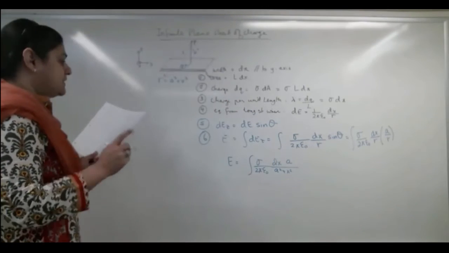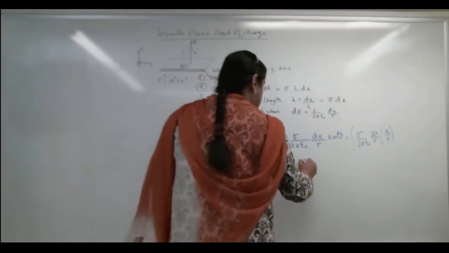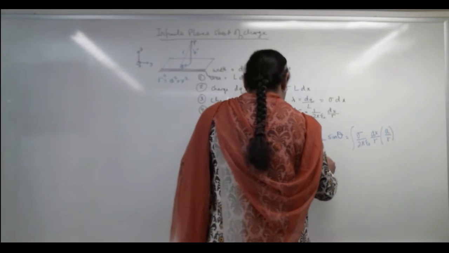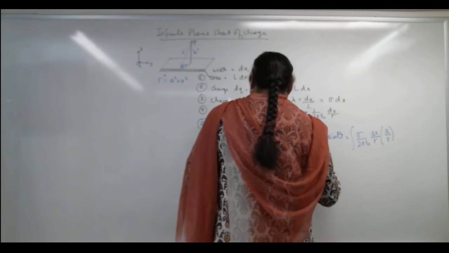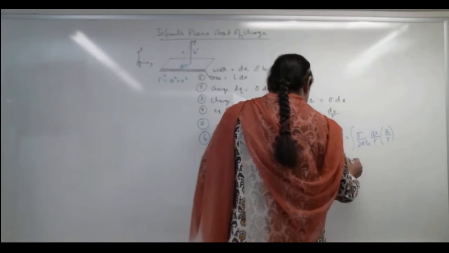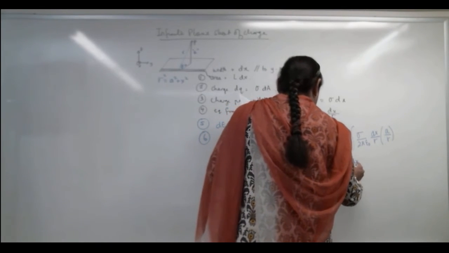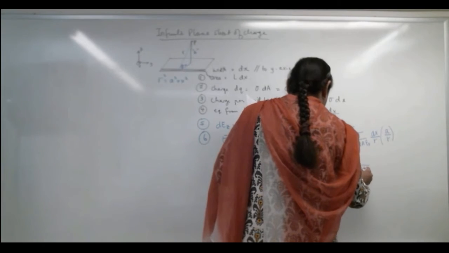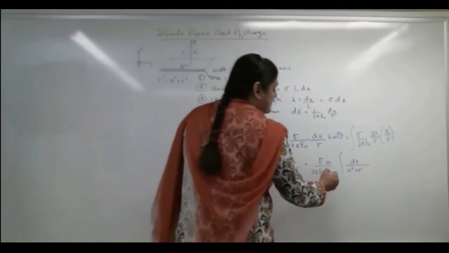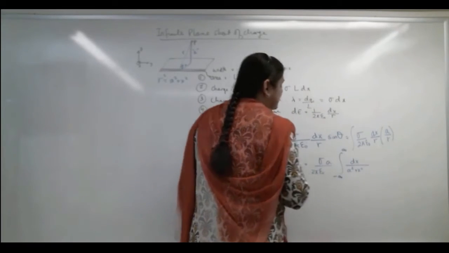Okay? So I can take things common out of the integration. It is going to be sigma over 2 pi epsilon naught times a, integration of dx divided by a squared plus x squared. Okay? And this integration is going to be from minus infinity to infinity.